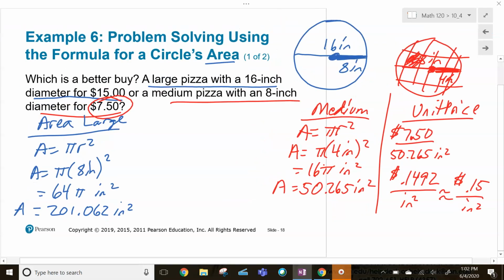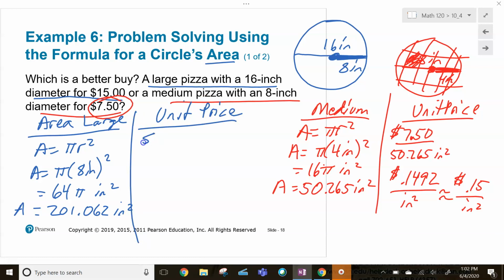Now let's do the unit price for the large. The large costs $15, and we're getting 201.062 square inches. So I'm going to punch that in, 15 divided by 201.062, and I get 0.0746 per square inch.